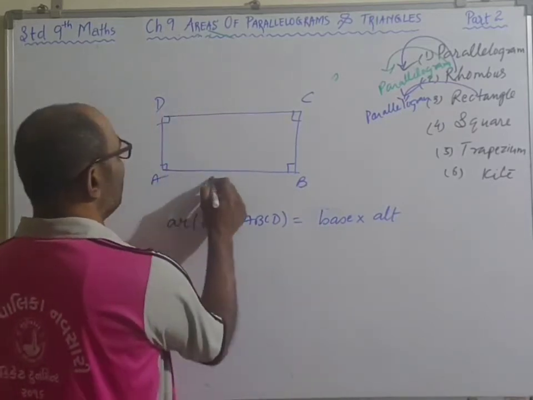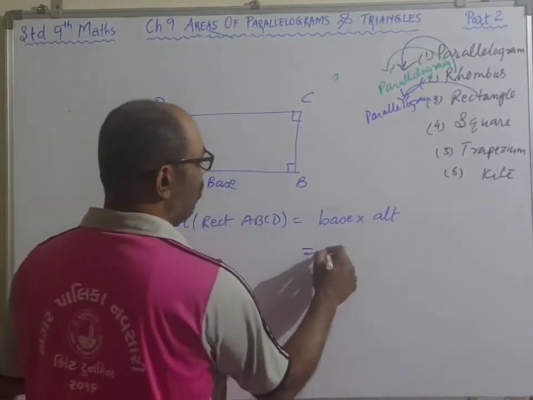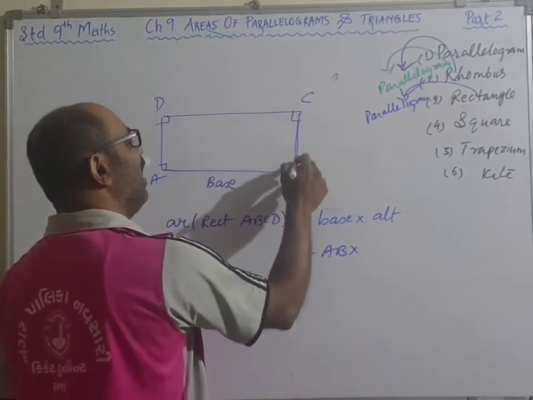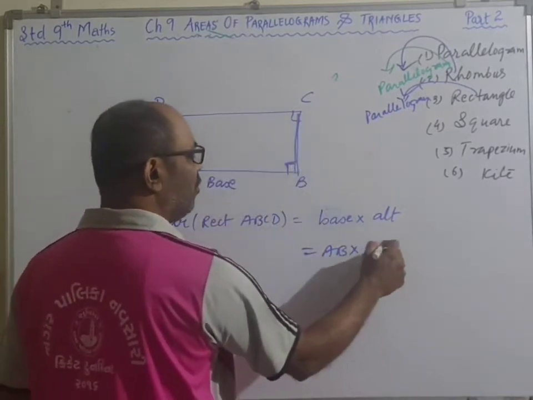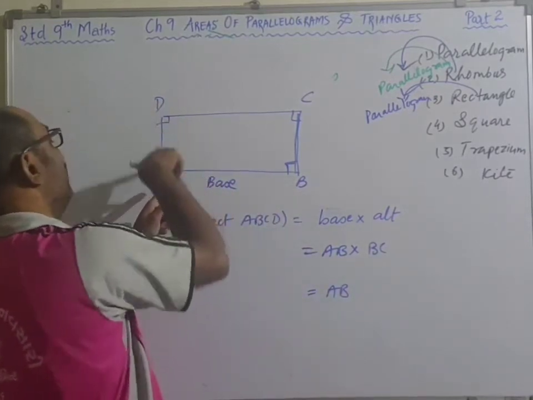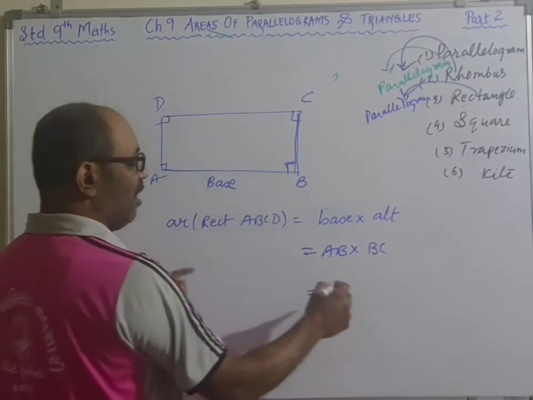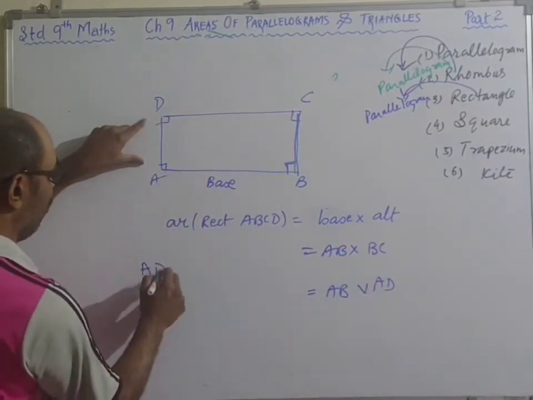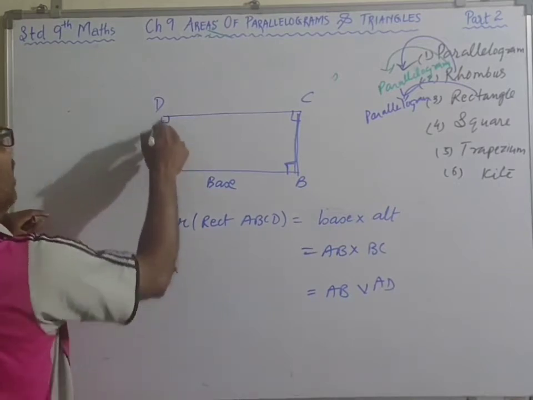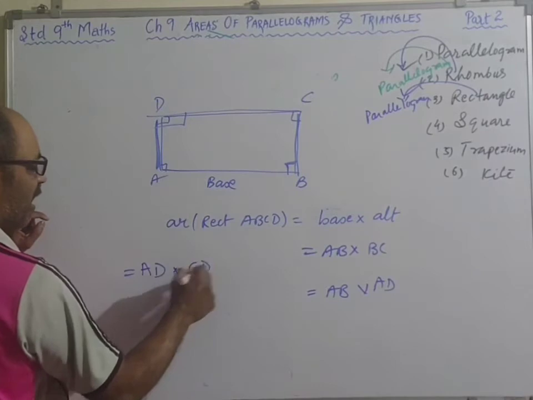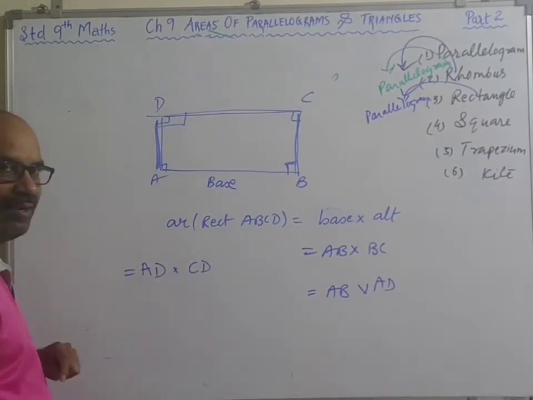अब किसी को भी बेस ले लो, suppose AB को ले लिया, so multiplied by altitude. ये perpendicular है ही उसको, so BC is the altitude. या आपने AB को बेस ले लिया तो AD भी altitude है, उसको perpendicular है, so into AD. चलिए, आपने AD को बेस ले लिया, so उसको perpendicular CD है, so you can write CD as the corresponding altitude.